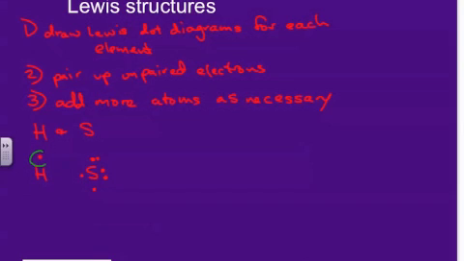So this hydrogen electron gets paired up with, say, this sulfur electron. Now, as you might notice here, this electron is still unpaired. So we have to add another hydrogen atom that can share an electron. So if I were to redraw this, the molecule would look like this.